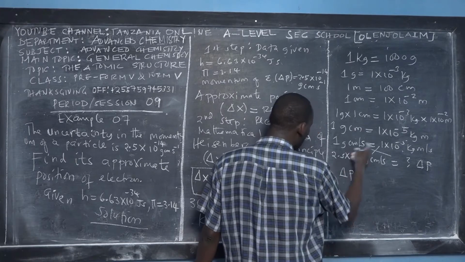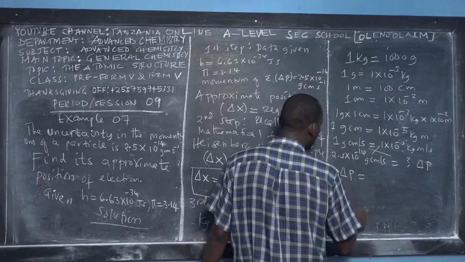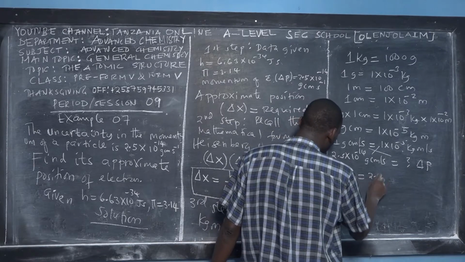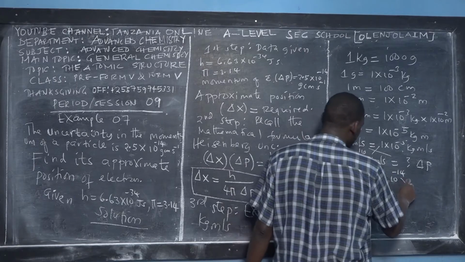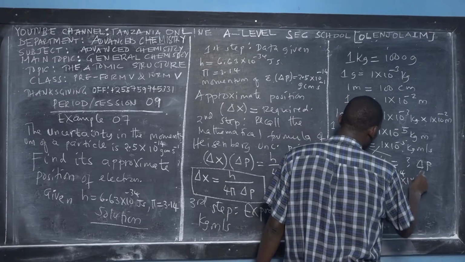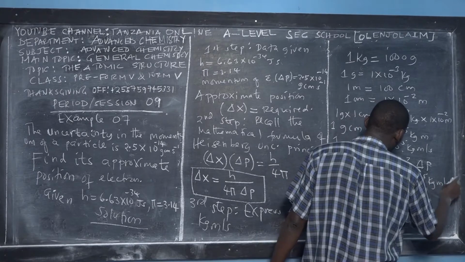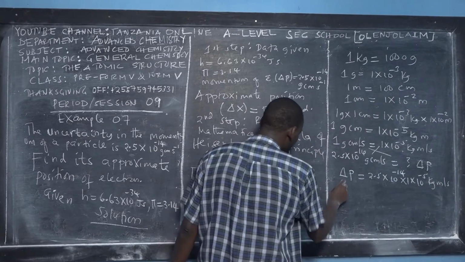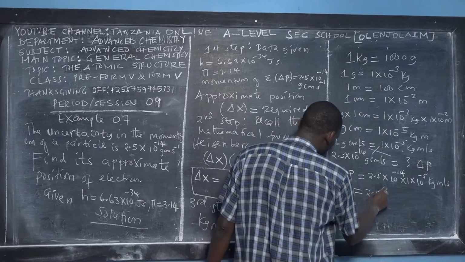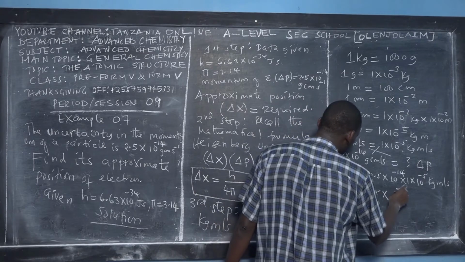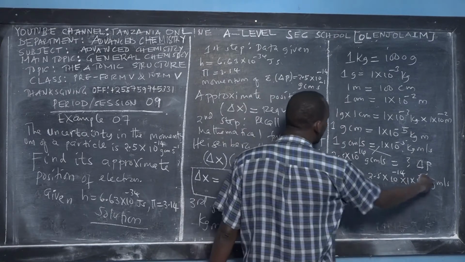So we say that we have delta momentum. The unit is gram centimeter per second, and second will cancel. So simply say that it will be 2.5 times 10 exponent negative 14 times 1 exponent negative 5. But now the unit is kilogram meter per second. So then we say that the changing momentum is equal to 2.5, and the base is the same as 10, then add the exponent.